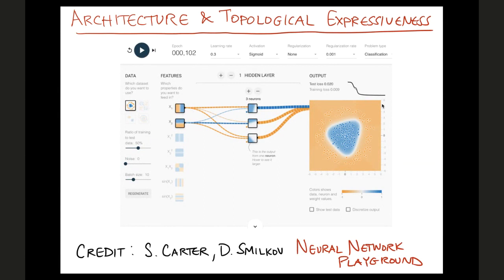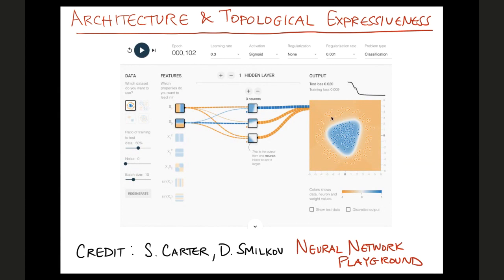So what you're supposed to be imagining here is that you have these three hyperplanes that are cutting out this triangle-looking thing.